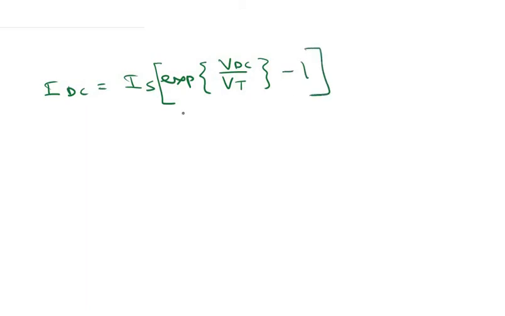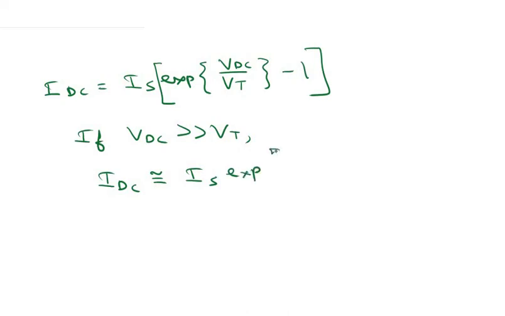This IDC is basically Is exponential VDC by Vt minus 1, and in the limit that VDC is much greater than Vt, we can neglect this minus 1 here, and we can write the total current IDC as approximately Is exponential VDC by Vt.